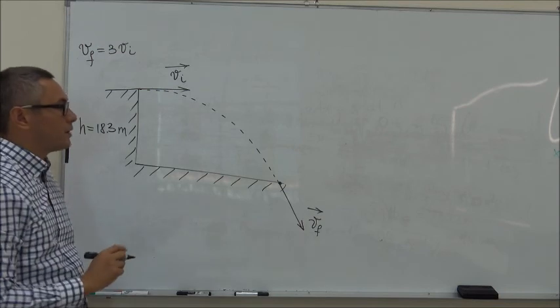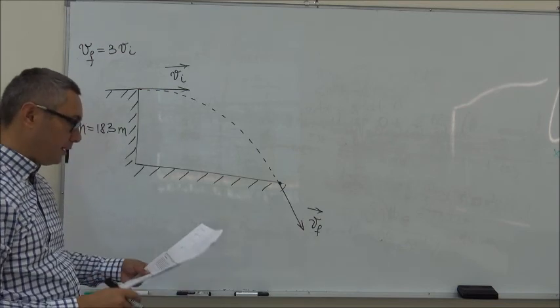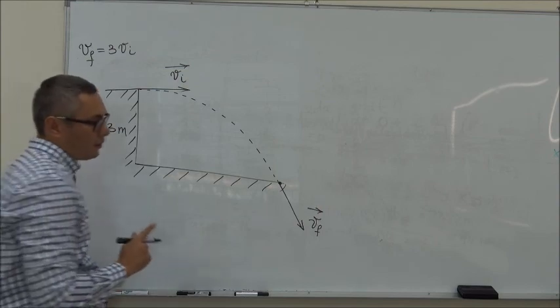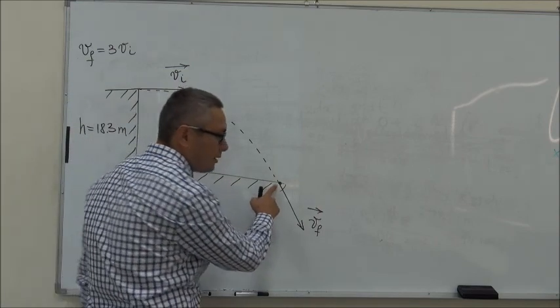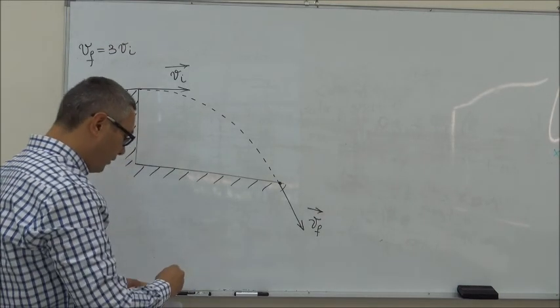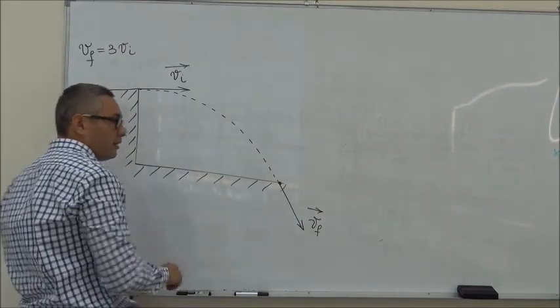In part A of the question, we need to find the vertical component of the final velocity just before it hits the ground. So in other words, we need to find V final y.